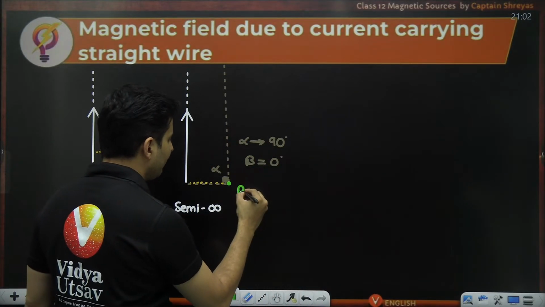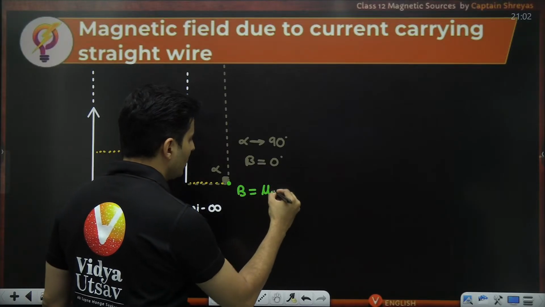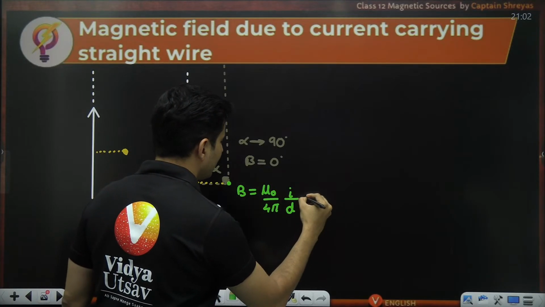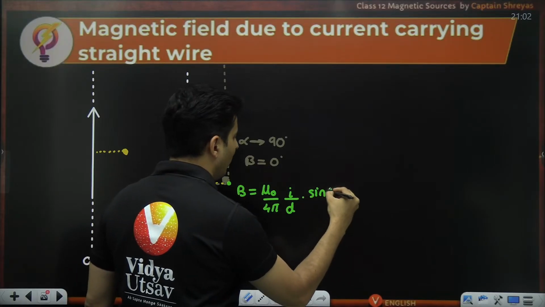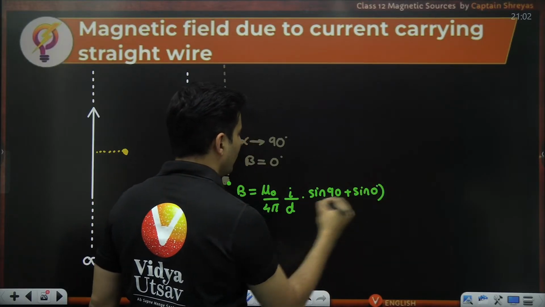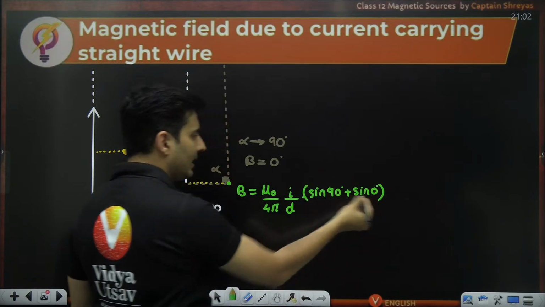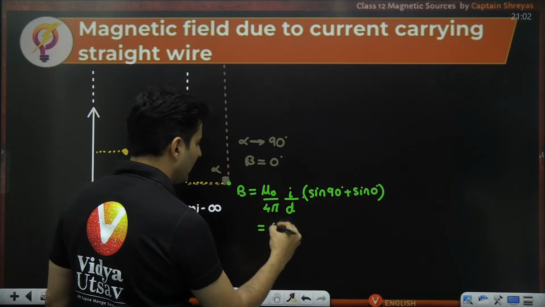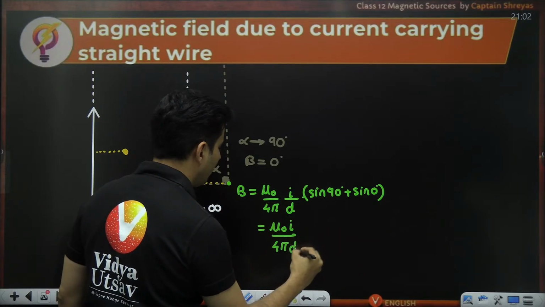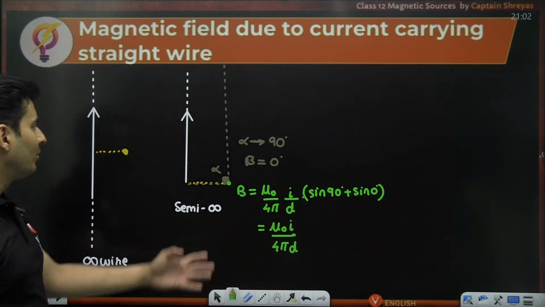The magnetic field will be mu naught by 4 pi, I by the distance, into sine of 90 plus sine of 0. Sine 90 is 1, sine 0 is 0. So it will be nothing but mu naught I divided by 4 pi d. We got the answer. Perfect.